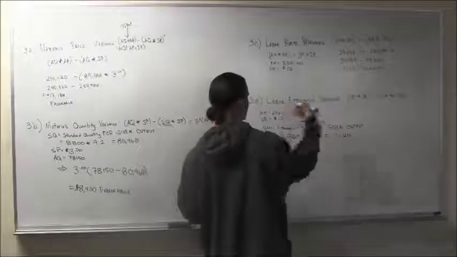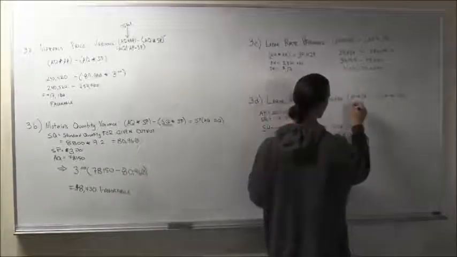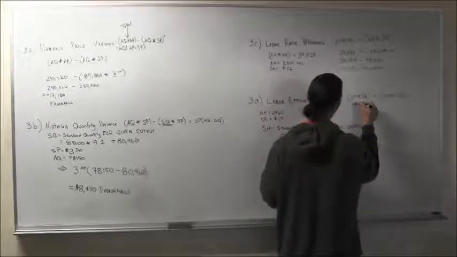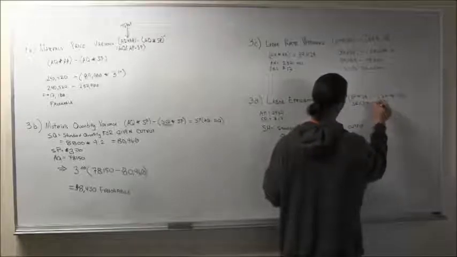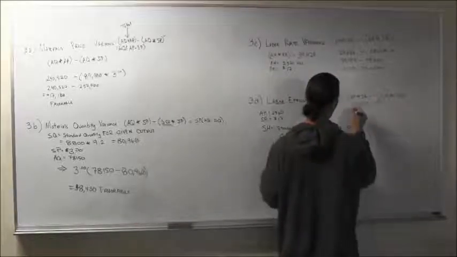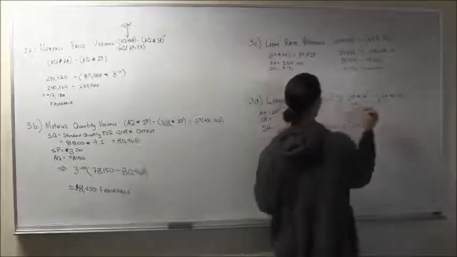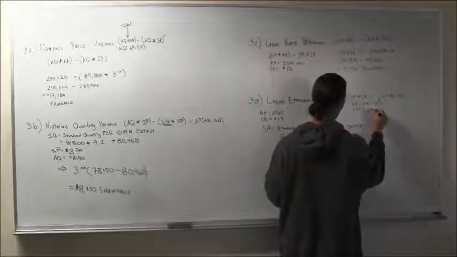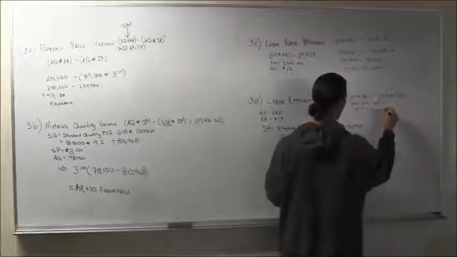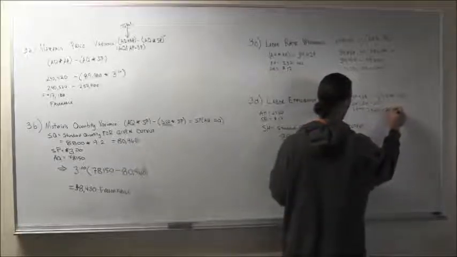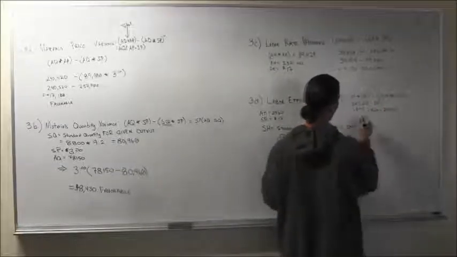So now we have this. This can also be written as standard rate times actual hours minus standard hours. 17 times 2560 minus 2640.